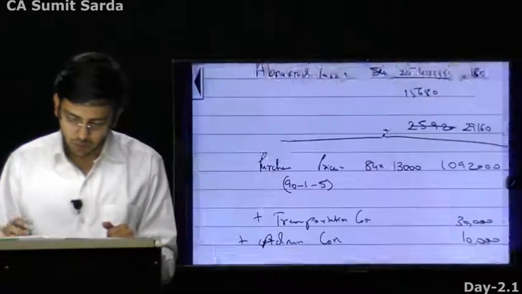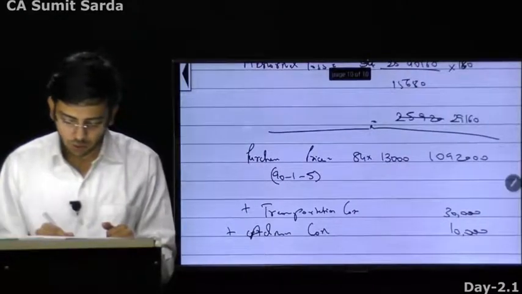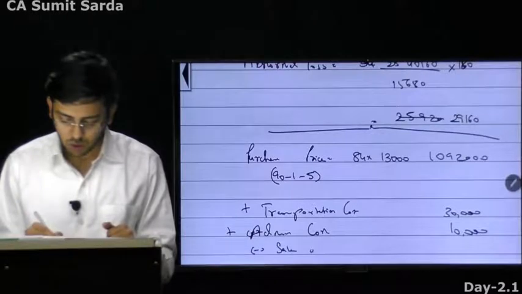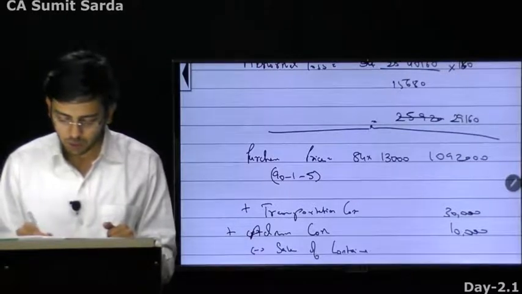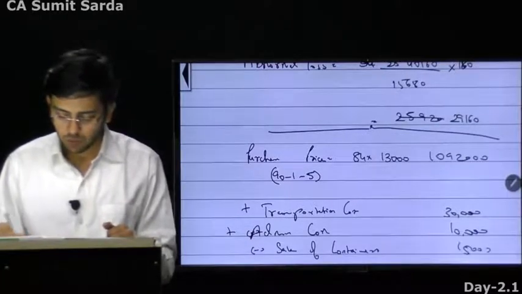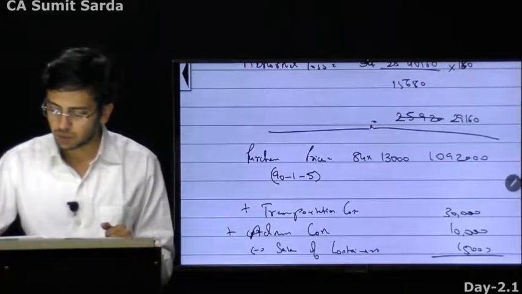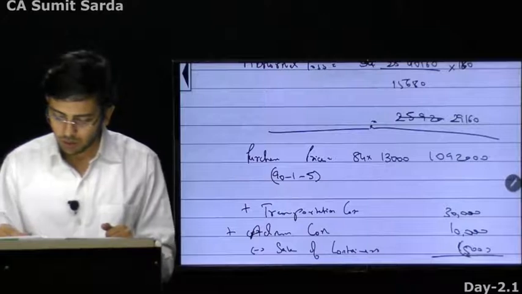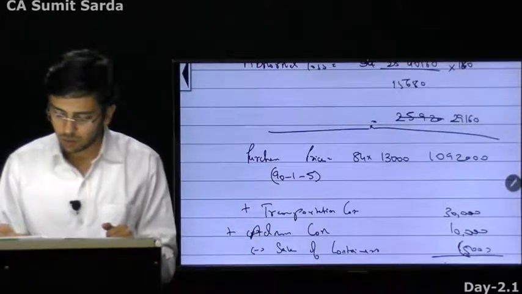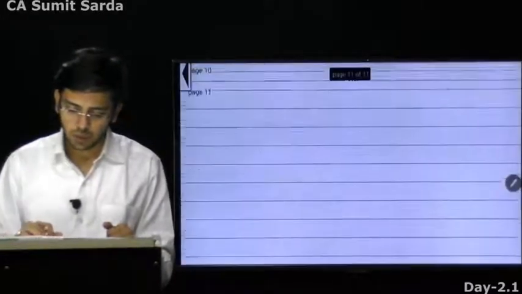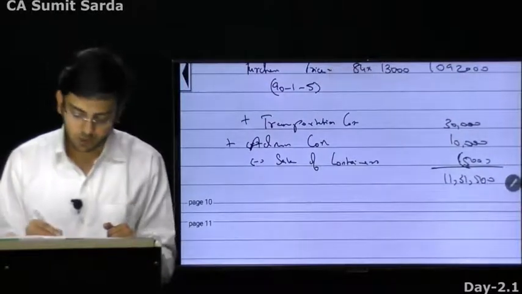Containers is something that we are going to reduce. Sale of containers we are going to deduct from the cost, 500. So what we have now is 30,000 plus 10,000 minus 500, giving 11,31,500.